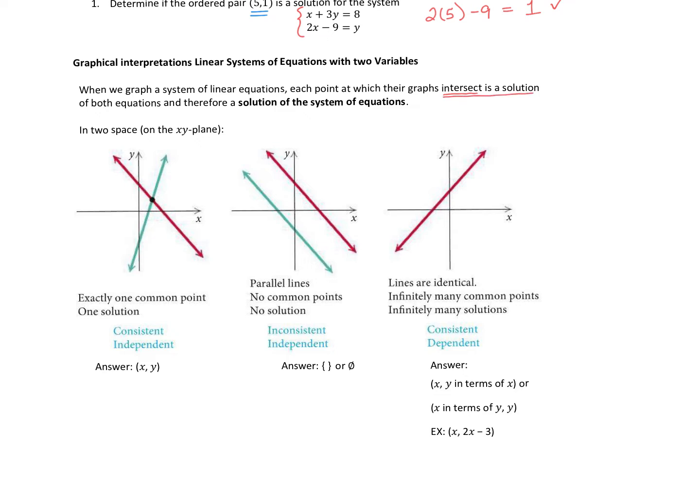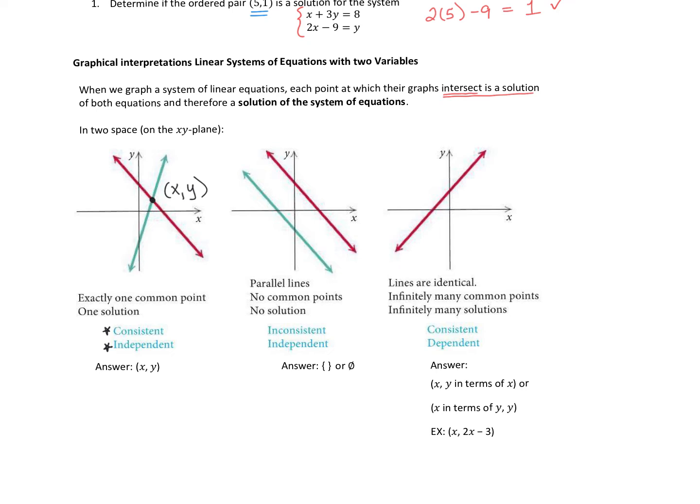And there are three things that can happen. We could have two lines that cross in one particular point, and that ordered pair will be some x, y. That has one common point. We're going to call that consistent, and these are actually two independent lines.